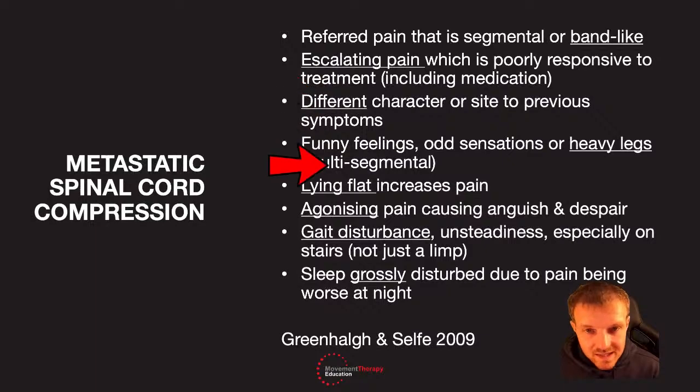But these are the things that would indicate they might have something really seriously wrong. One of the things I'll just highlight, so it doesn't scare you: sleep grossly disturbed due to pain being worse at night.